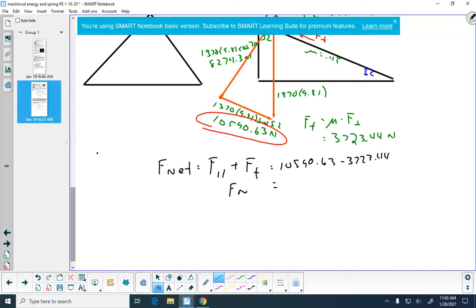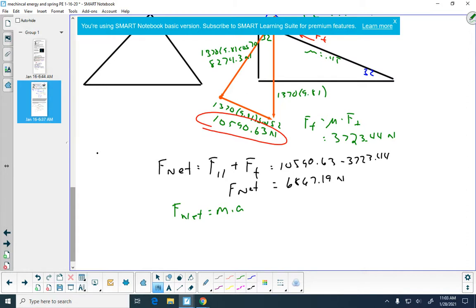So our net force should be 6867.19. Once again, if you're out by a few pennies, don't worry about that. Newtons. That is your net force. And what we have talked about is our net force from Newton's second law is equal to mass times acceleration.